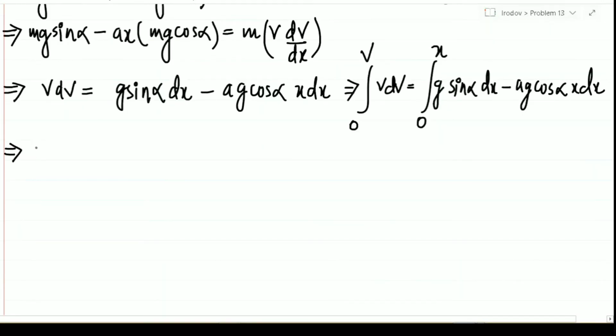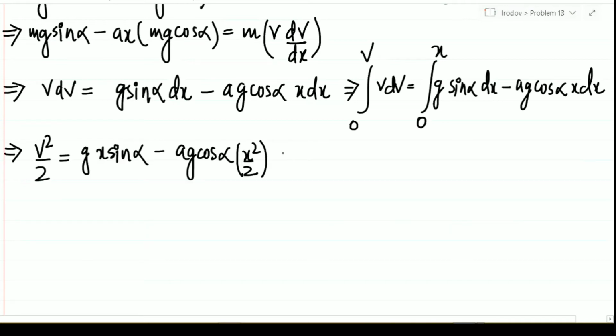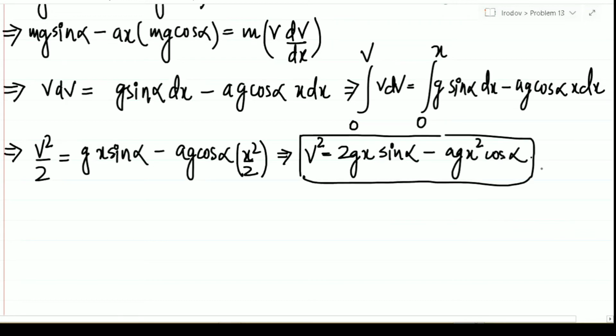This gives us v square by 2 is equal to, so this is the relation. Also, this can be rewritten as v square is equal to 2g x sine alpha minus ag x square cos of alpha. So we have an equation here.